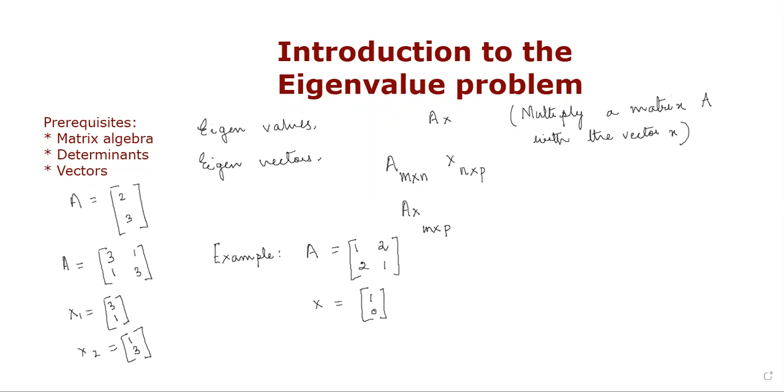If you have an axis system, the vector we are looking at is this vector, 1 0.